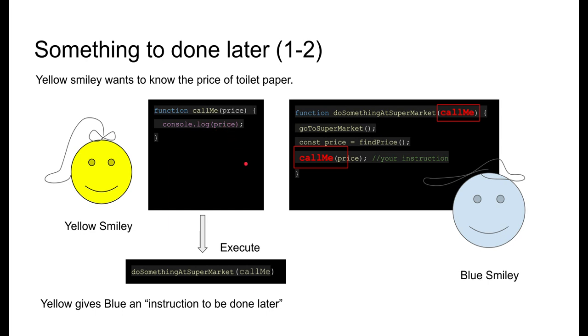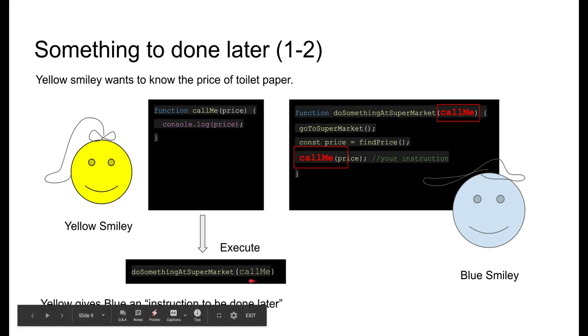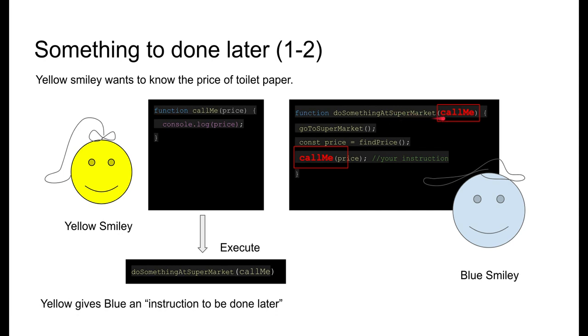Okay. So we pass in this call me function through a parameter without the brackets, and do something at supermarket receives it as a parameter here. Okay. Call me is what we call a callback function.